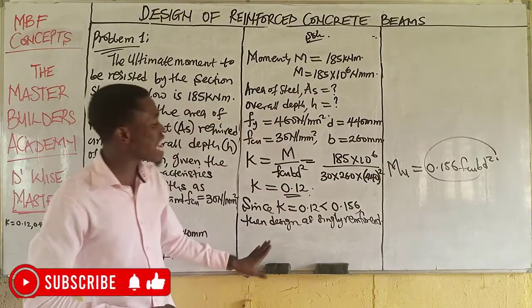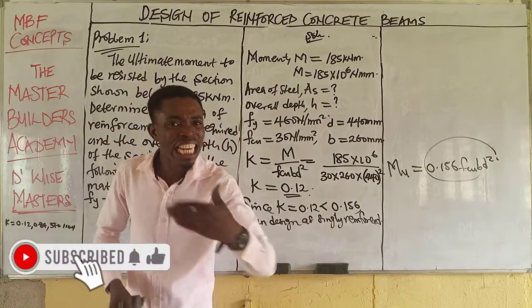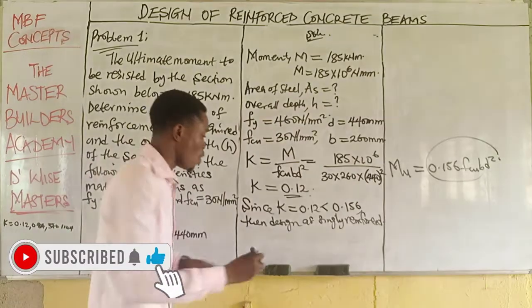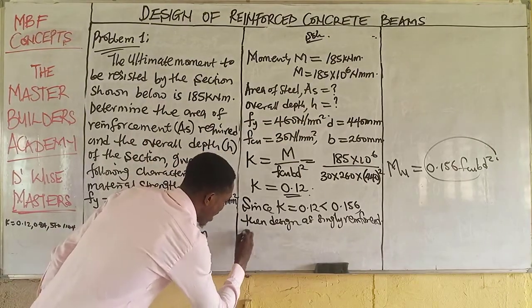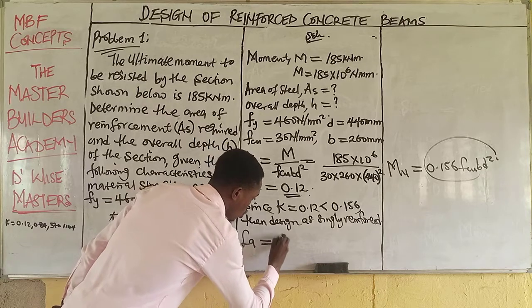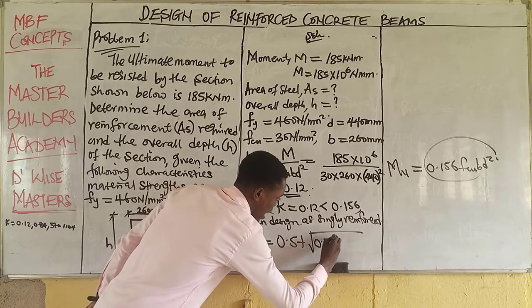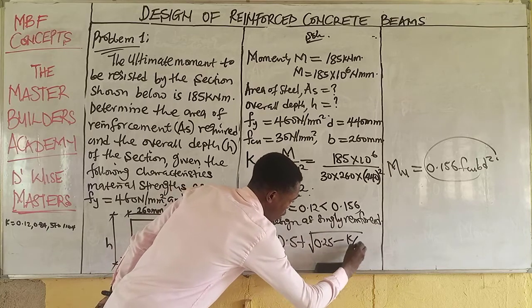Now if this is taken, the next is to calculate the lever arm factor, which is step 4. So we have lever arm factor LA is equal to 0.5 plus the square root of 0.25 minus K over 0.9.